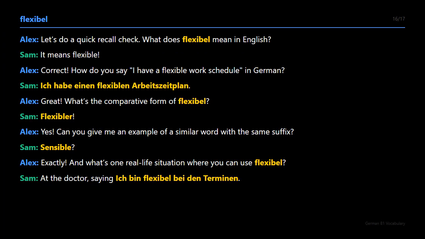Let's do a quick recall check. What does flexibel mean in English? It means flexible. Correct. How do you say I have a flexible work schedule in German? Ich habe einen flexiblen Arbeitszeitplan. Great. What's the comparative form of flexibel?